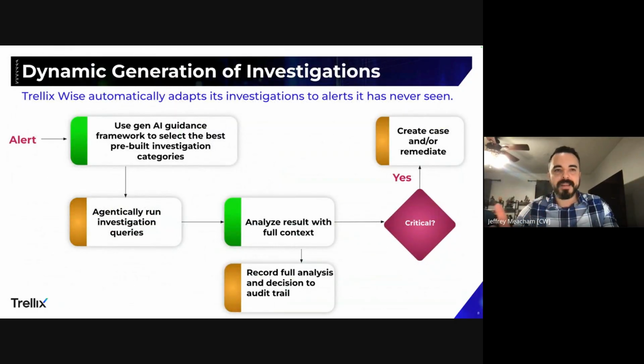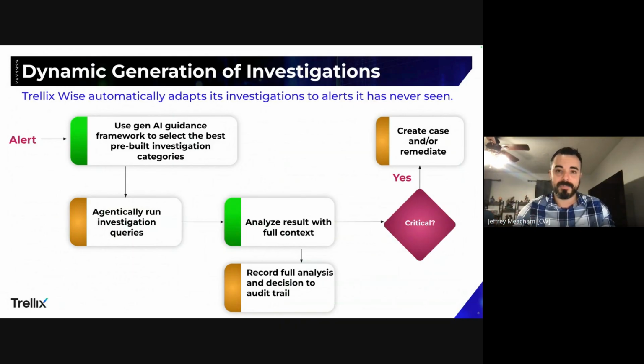So this diagram right here is showing how Trellix Wise dynamically builds an investigation, even when it's never seen this kind of alert before, whether it's a completely new alert or a zero-day attack. It starts with its AI-guided decision-making to select the right pre-built investigation paths. And then using what we call agentic execution, it automatically runs the right queries.